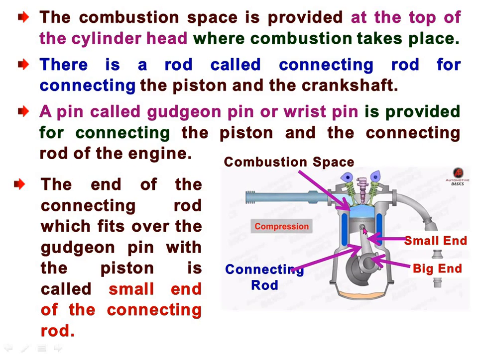See here, this is the gudgeon pin which connects the piston and connecting rod. The end of the connecting rod which fits over the gudgeon pin with the piston is called the small end of the connecting rod. See here, this part is connected with the piston using the gudgeon pin. So this is called the small end of the connecting rod.